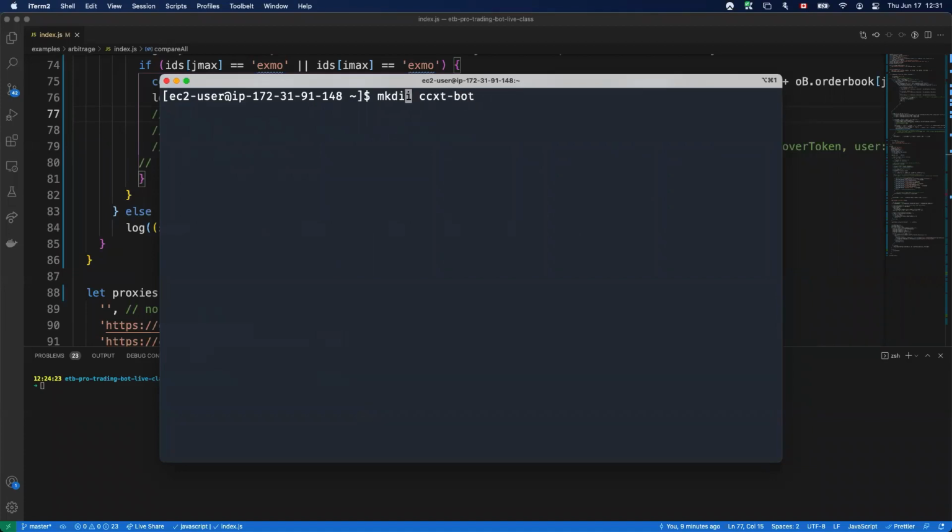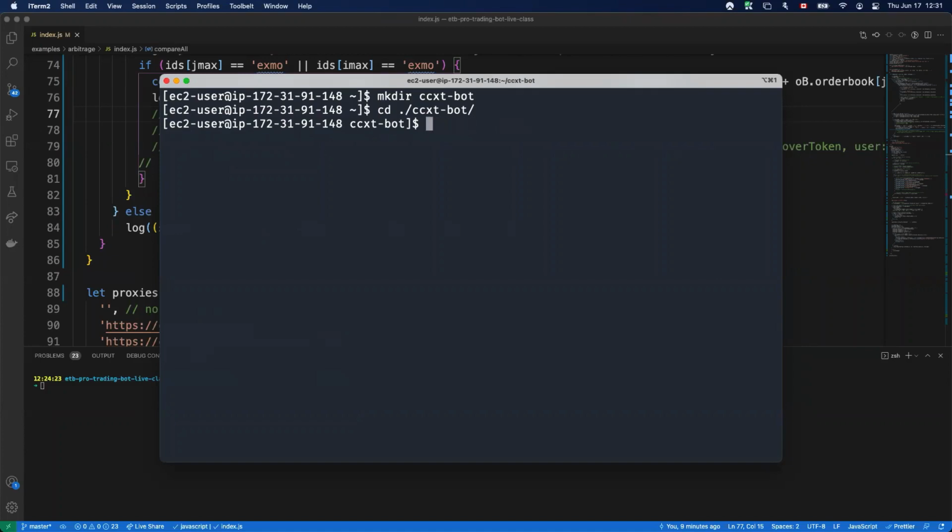So create a folder here, and I'm assuming that you have the Node.js environment set up. Get your files here and just run npm install. And all you have to do is run the PM2 command that I showed you.